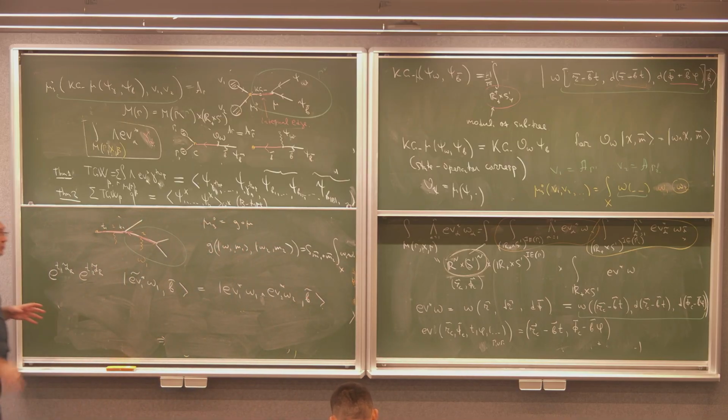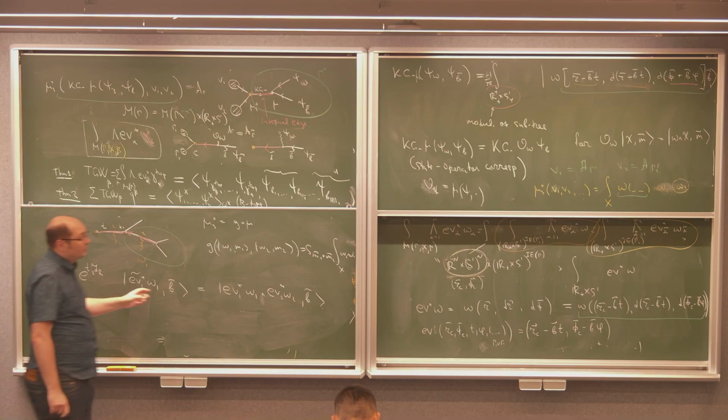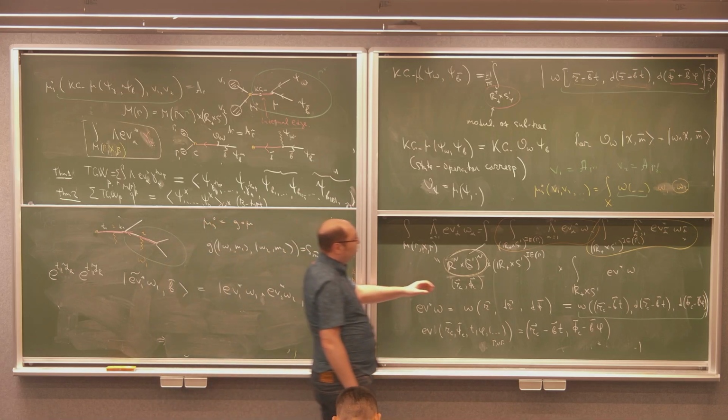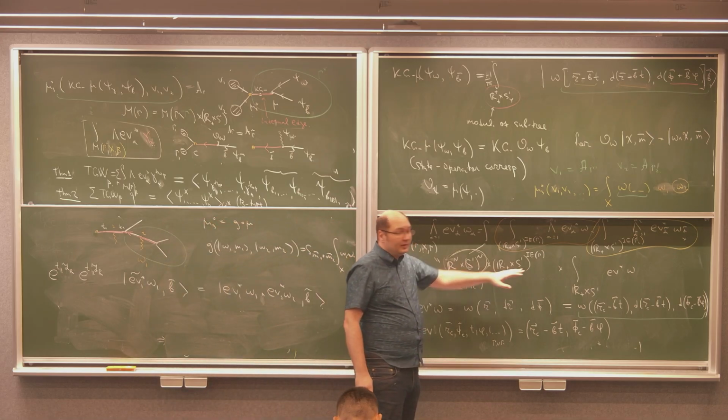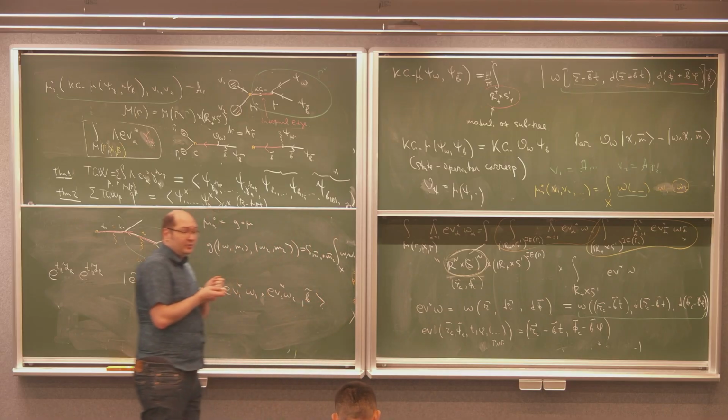So pairing in quantum mechanics plays the role of this overall center of mass position integral, and then propagators in quantum mechanics, because for these amplitudes on G, we insert a propagator for each internal edge.